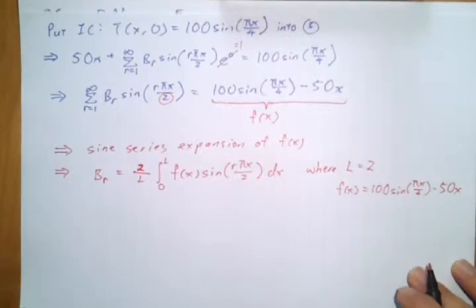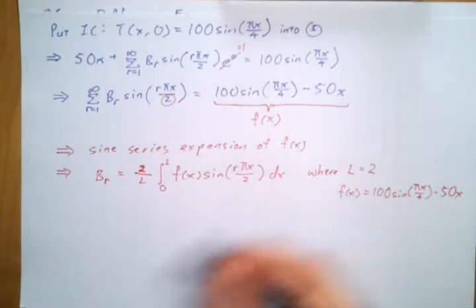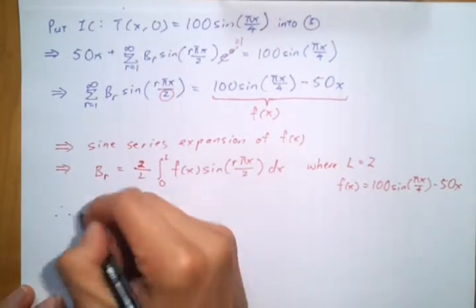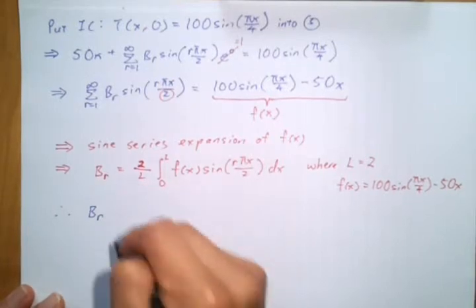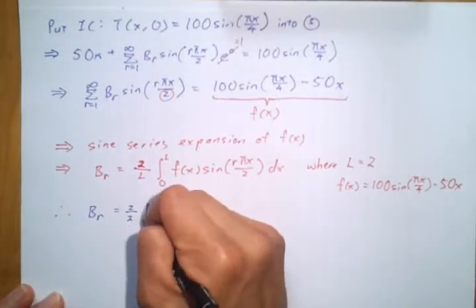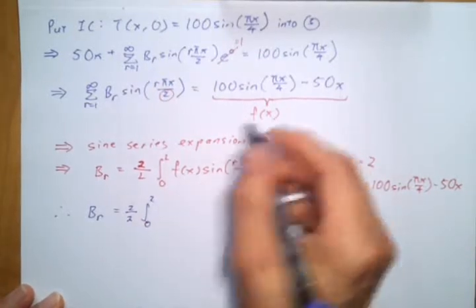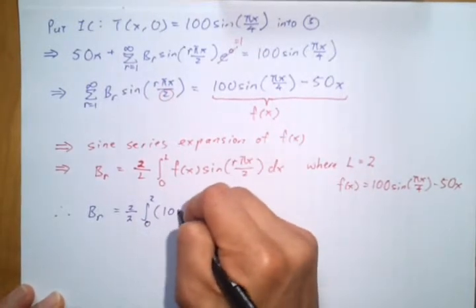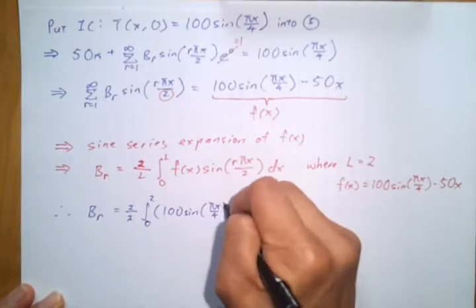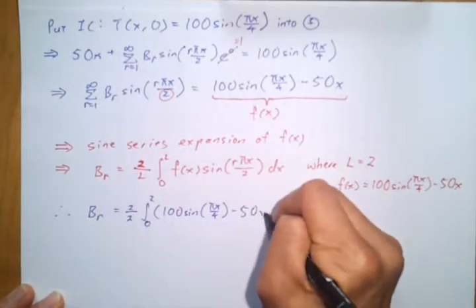Okay, so I'm not going to do this integration for you. I just give you the statement for finding BR. So this is 2 over 2, integral 0 to 2, f of x is 100 sine pi x over 4 minus 50x.